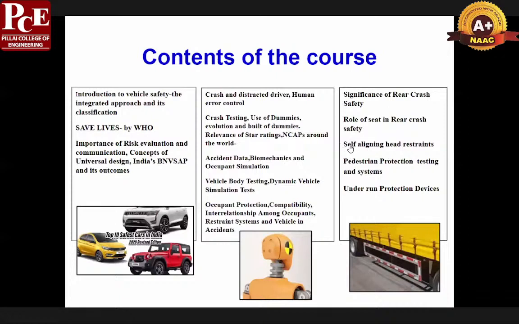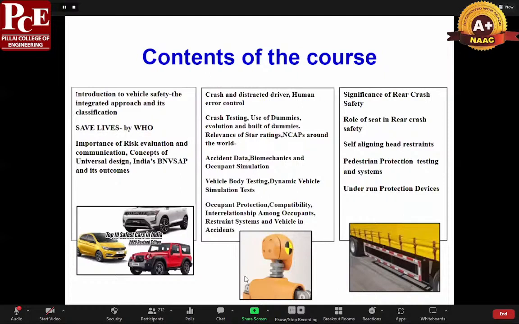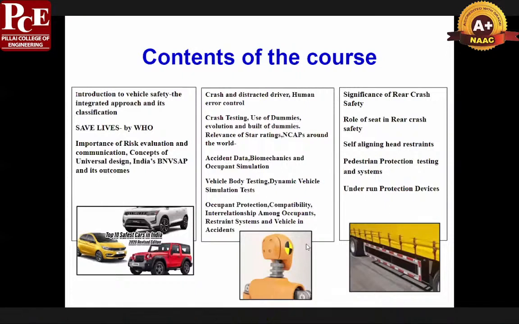Then rear crashes is something we'll be focusing on also. I'm sure you heard at some point or the other of some accident where a smaller vehicle got inside a larger vehicle. So there are underrun protection devices, which have come into existence in the last 7 to 8 years. There are different designs on it. It could be a front, rear or side underrun protection device.